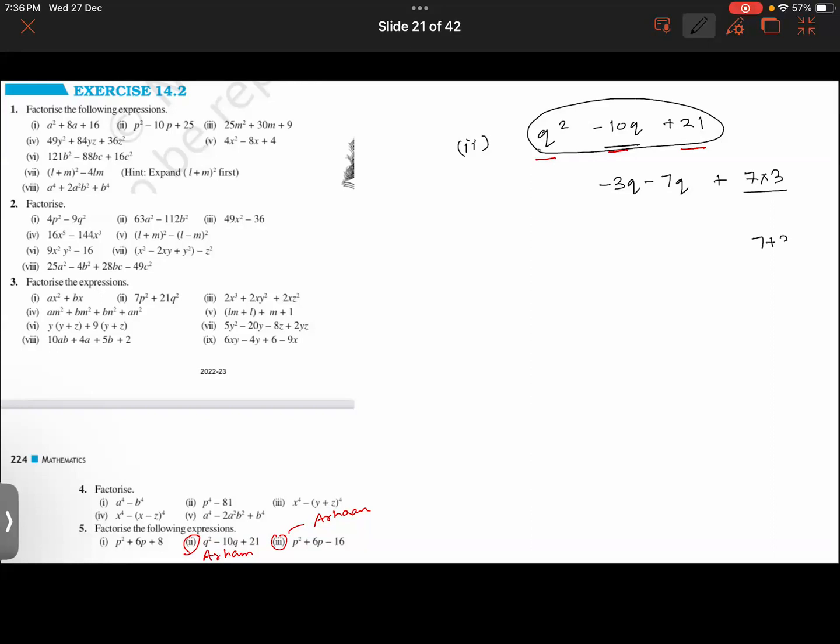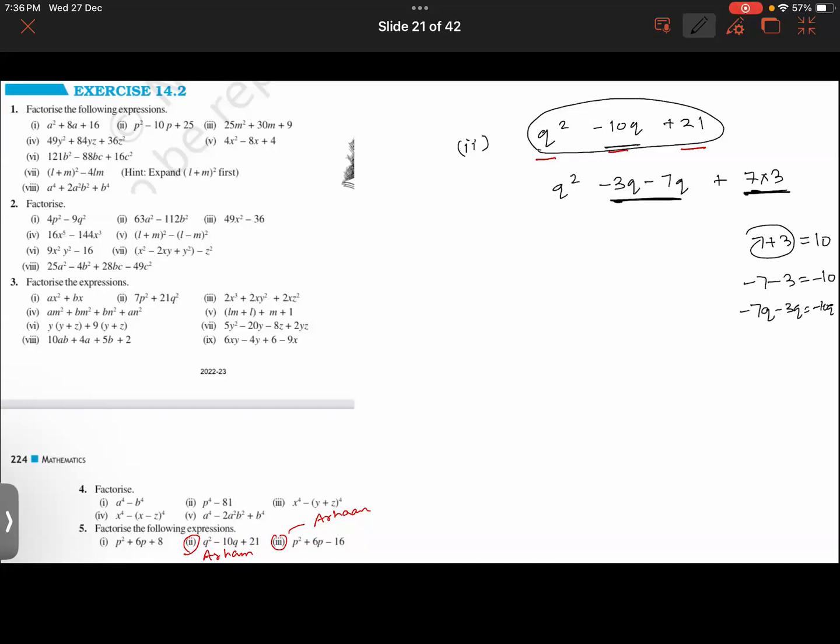And 7 plus 3 is giving you 10 here, right? Or minus 7 minus 3 gives you minus 10, or minus 7q minus 3q gives you minus 10q, right? So here is the pattern we have observed here, and this is q square here.